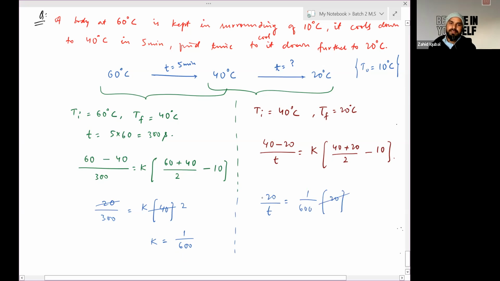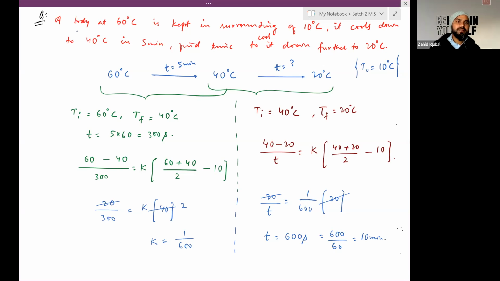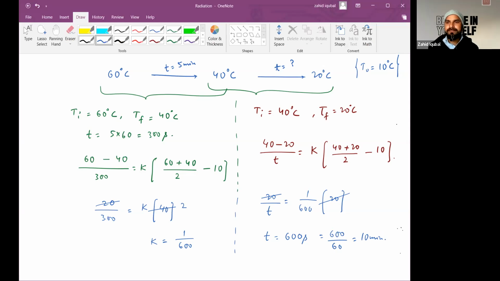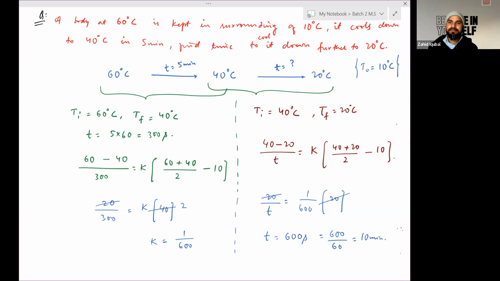This part cancels out. So t will be equal to 600 seconds, or in terms of minutes, 600 divided by 60, 10 minutes. Is it clear, Aisha? Yes, sir.